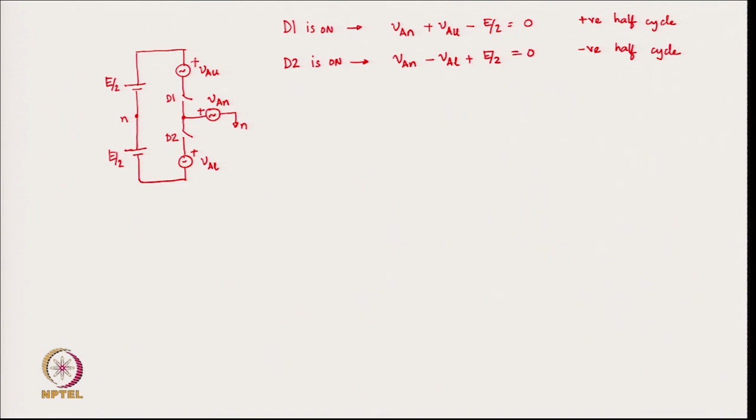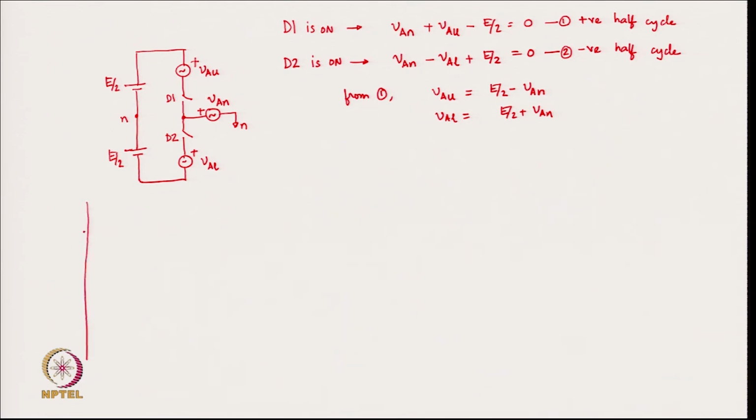So, I can give it as number 1 and number 2 equation. Therefore, I can write from 1, VAU is equal to E by 2 minus VAN, and VAL is equal to E by 2 plus VAN, right. So, let us then draw the waveforms.